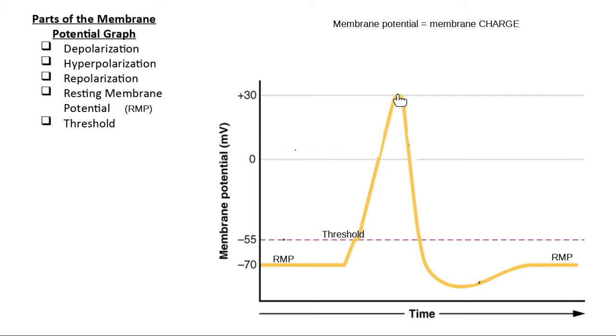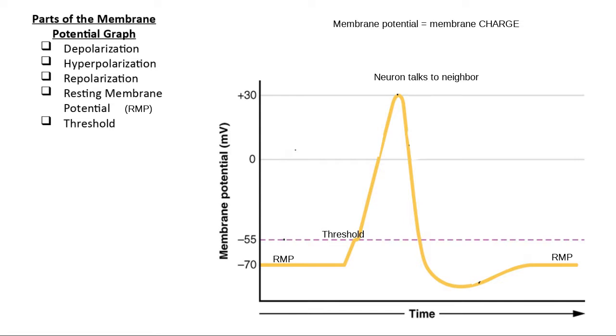+30 is the voltage or the charge on my membrane where I actually spit out neurotransmitters. So up here at +30, this is when one neuron is going to talk to its neighboring neuron. So I'll put a little note up here, neuron talks to neighbor.